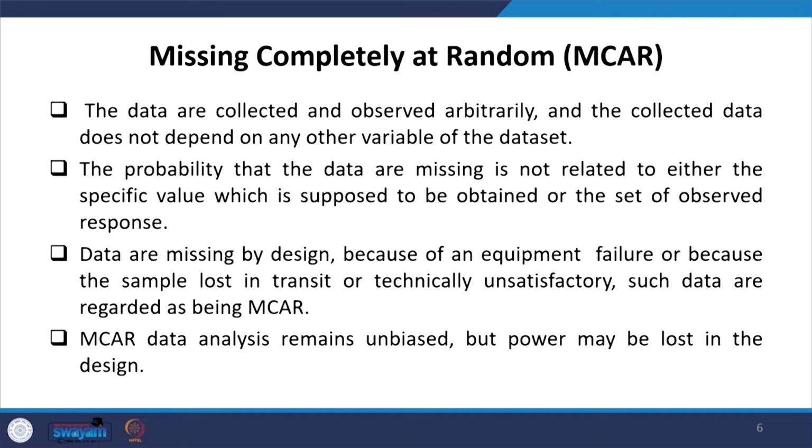So, the data may be unbiased and might give near about the mean value of the population in its estimates, but the power, that is, taking any inferential statistics out of it, may not have enough confidence.